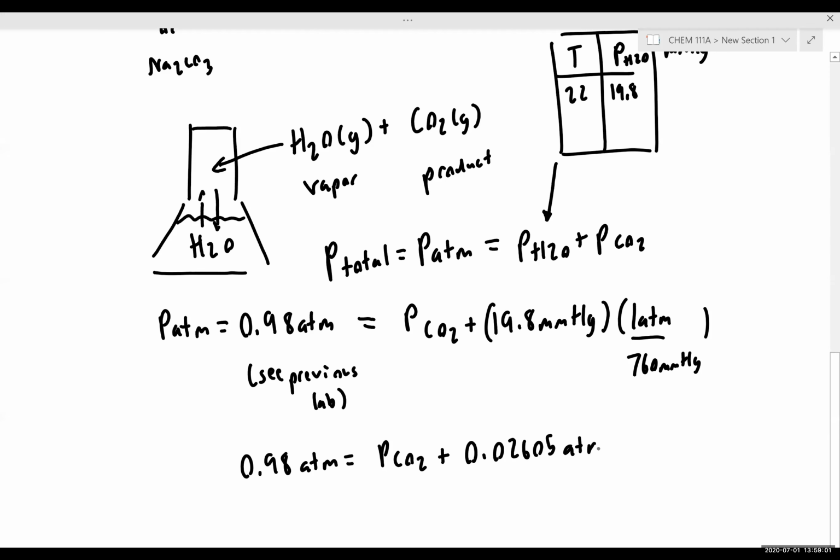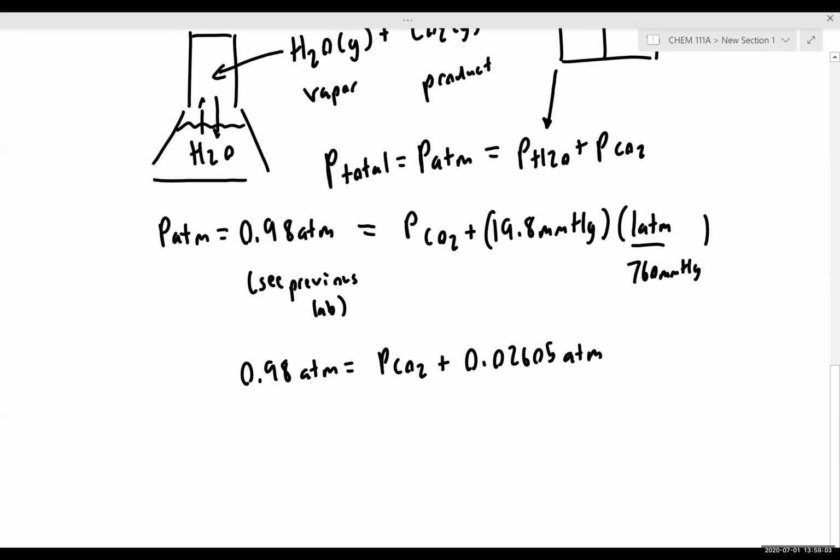0.02605 atm. So solving for the pressure of carbon dioxide, we get 0.9539. We'll carry through as many digits as possible, which if we wanted to round now, would be 0.95 atmospheres.